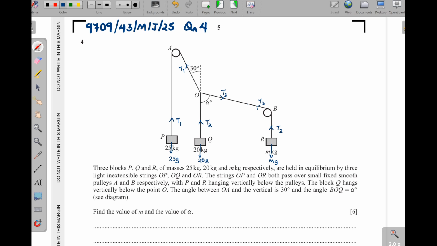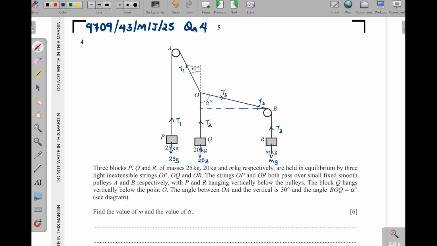Now, what we are going to do is to resolve the forces. So all of these ones are not resolved. When I put a line here, that line is going to be dotted such that it doesn't interfere with our diagram.